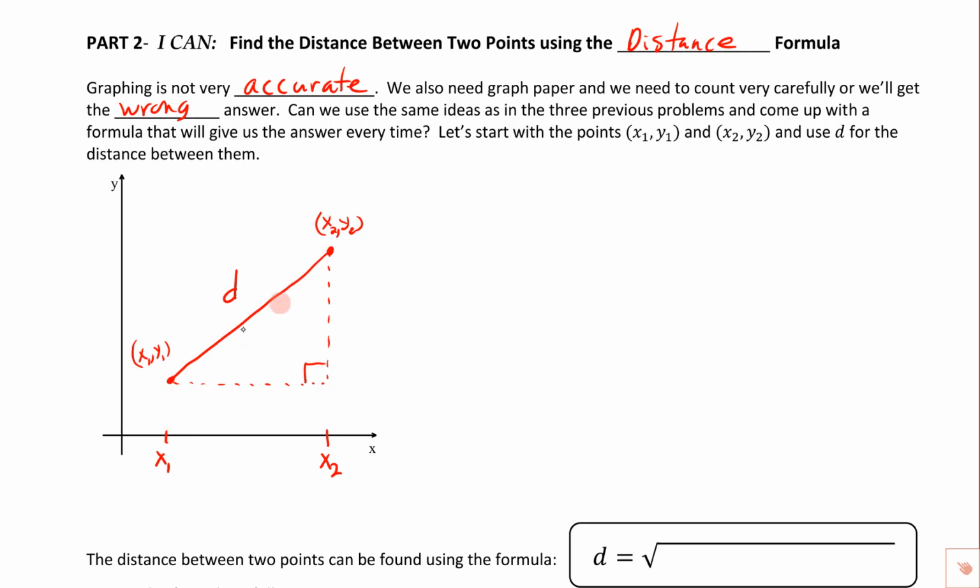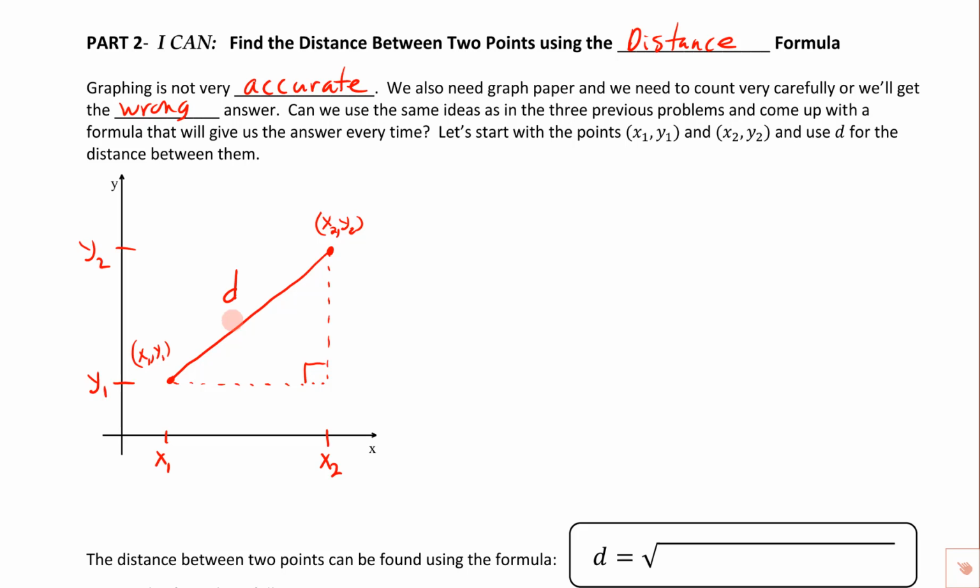So we're just kind of breaking this down horizontally. So it starts at x1 and it ends at x2. Now in the vertical direction it does something similar. So this one over here would be y1, and if we follow this one, this would be y2. Now the reason it's important to know what these are in terms of their subscripts is because we're going to develop a formula that we can just plug in the points and it's going to spit out the answer.